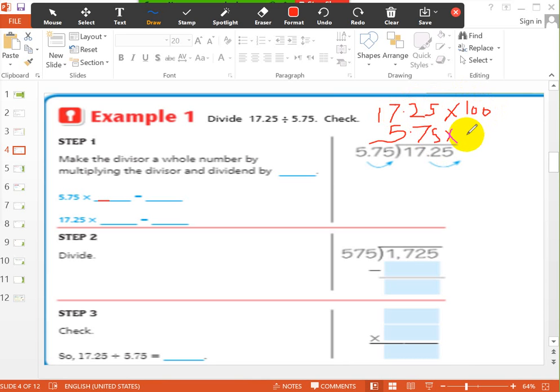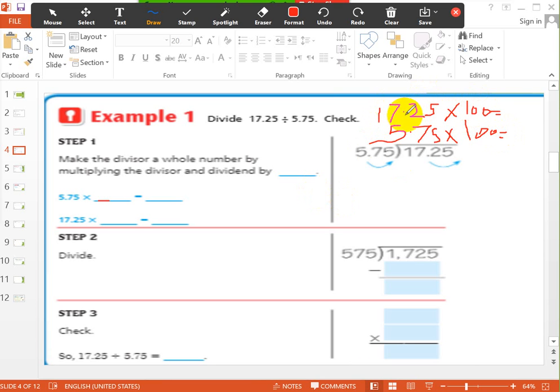So I will multiply the dividend and the divisor by 100. If you multiply 17.25 by 100, I will move the point a number of digits equal to the number of zeros, so I will move it 2 digits.